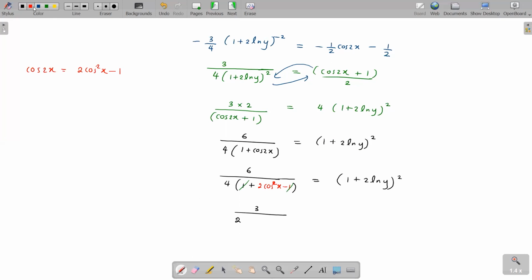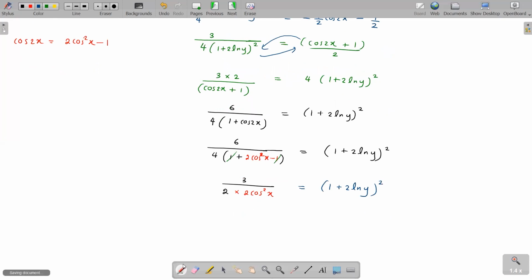And then inside this, I get 2 cos square x. Is that okay? 1 plus 2 ln y square. So basically I end up getting here 3 over 4 cos square x equals 1 plus 2 ln y to the power 2.